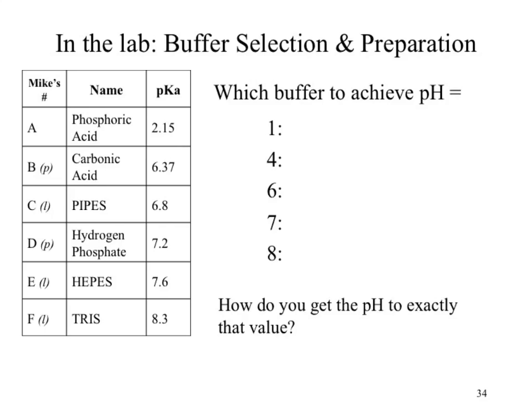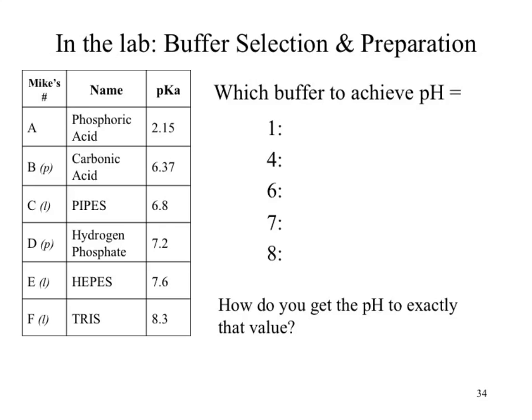Okay. Where does tris buffer? About 8.3, plus or minus a certain range off of that. But at pH 8.3, we're at the exact half equivalence. It can buffer both directions. Okay? So 8.3 doesn't make any sense for a pH of 1.